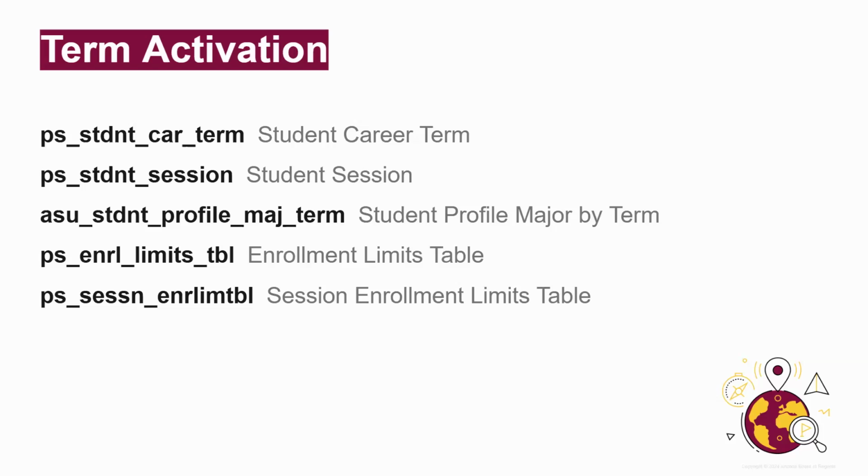I'll try to cover what some of the policies are when we get there, but they cannot register for classes in a term unless they're term activated for that term. And in order to enforce the continuous enrollment policies, we have to run discontinuation first and then we term activate, which is why we don't term activate until the previous semester.